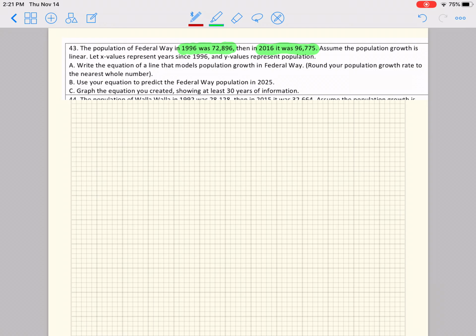So what I'm going to do here, I'm actually going to write a couple ordered pairs that we're going to use. If we think about a graph of this, if x values are years since 1996, 1996 was our year 0. So I'm going to write an ordered pair, 0, comma, 72,896. So this was my 1996 year.